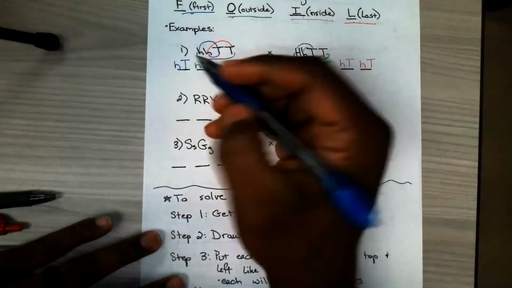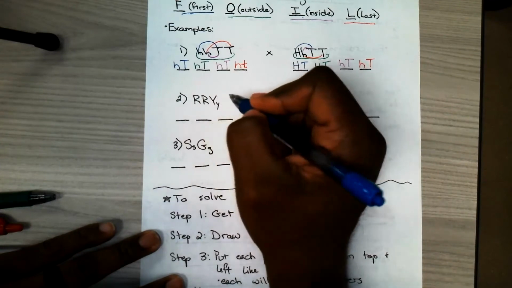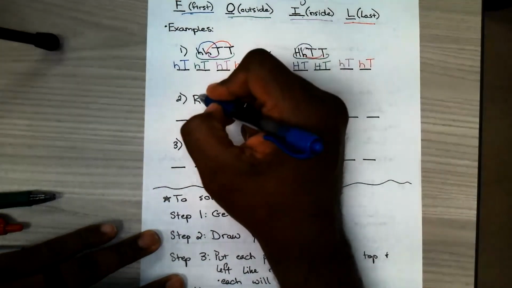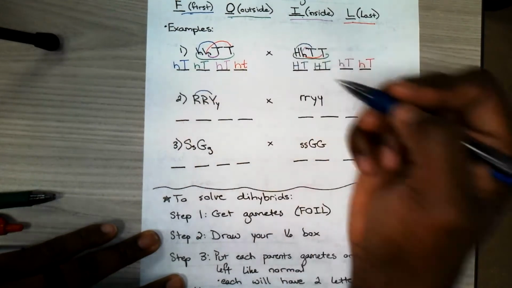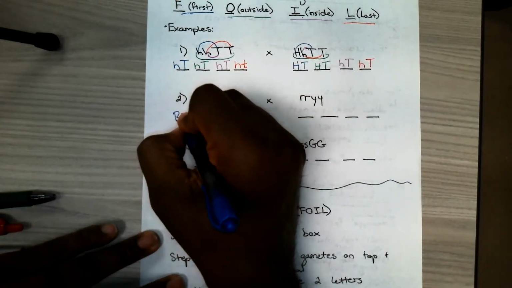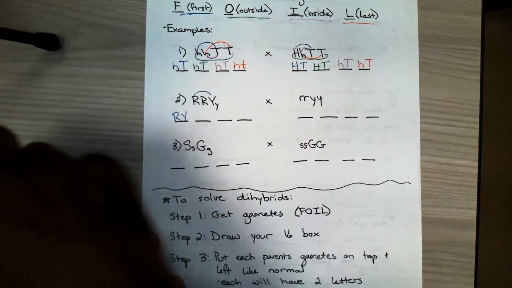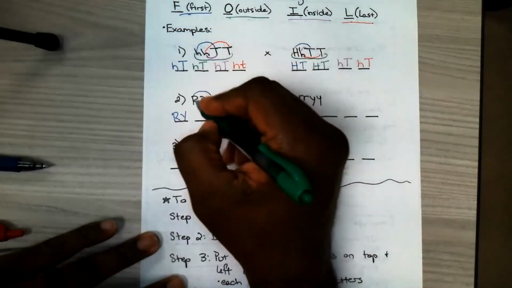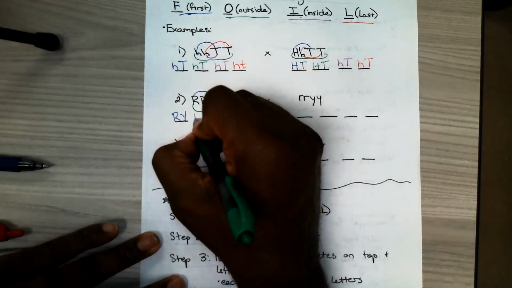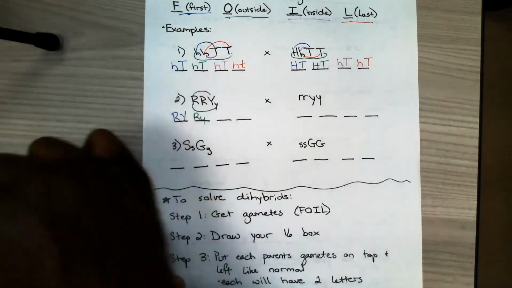So we're going to go first. This is the first letter of the R's. This is the first letter of the Y's. So my first here, we're going to get big R, big Y. Outside, we're going to come here, and we're going to get big R, little y.